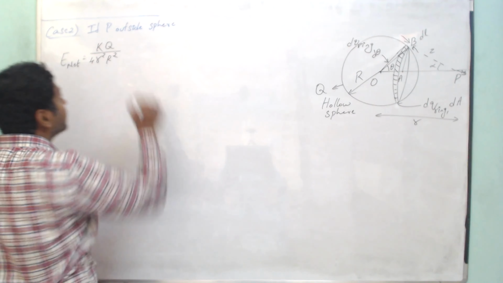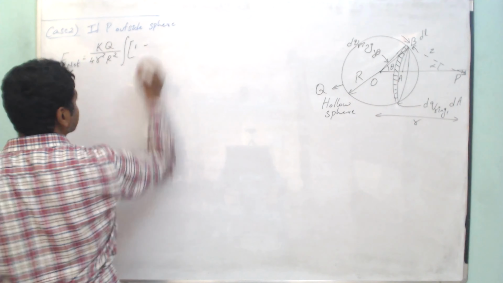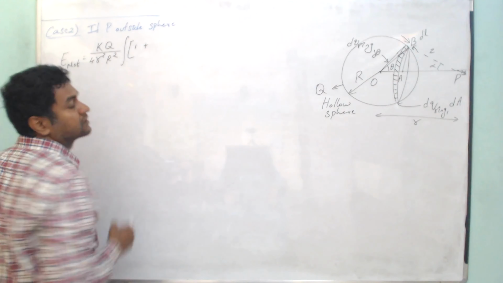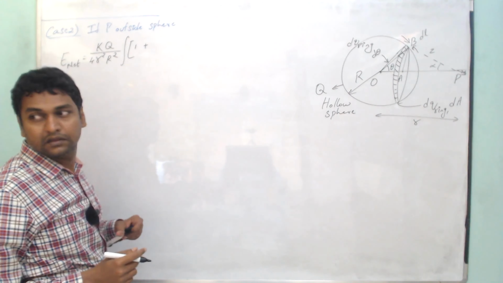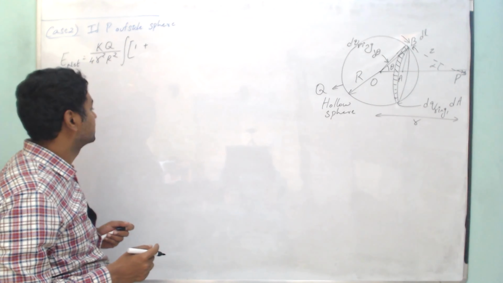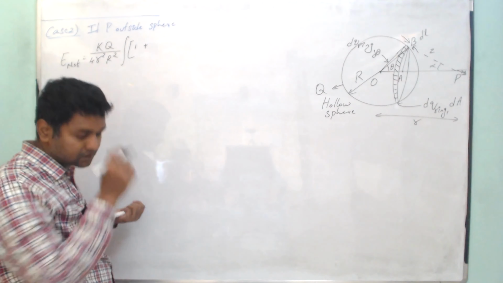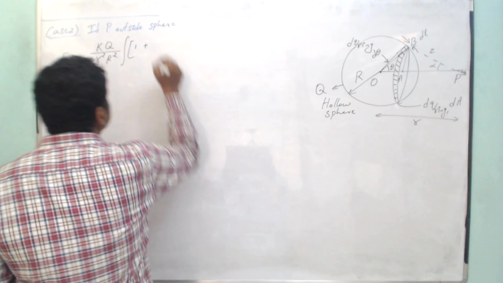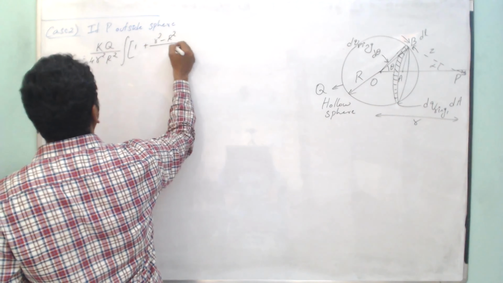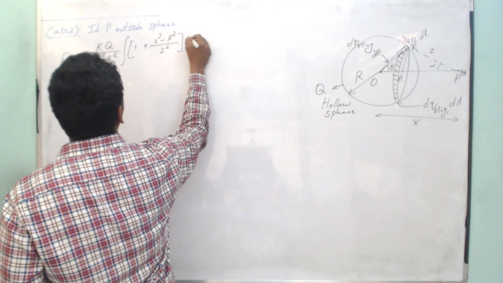And I have an integral, and inside the integral I have 1 plus small r square minus capital R square by Z square, and dz. Check it once. I think it was minus, right? Plus is there, sir: small r square minus capital R square divided by Z square and dz.